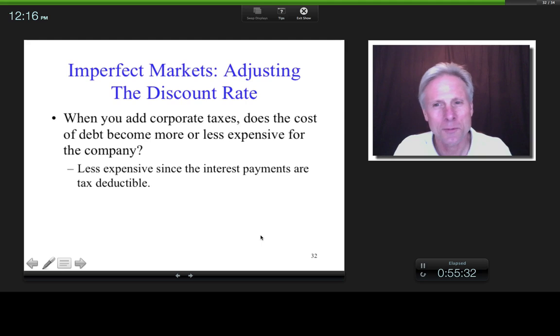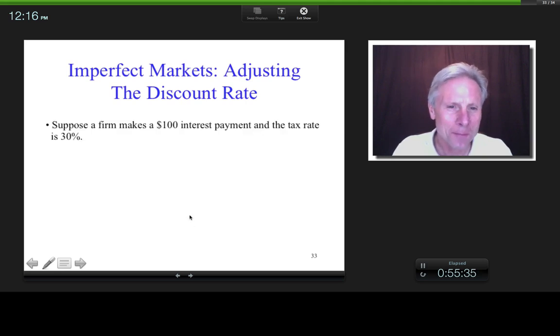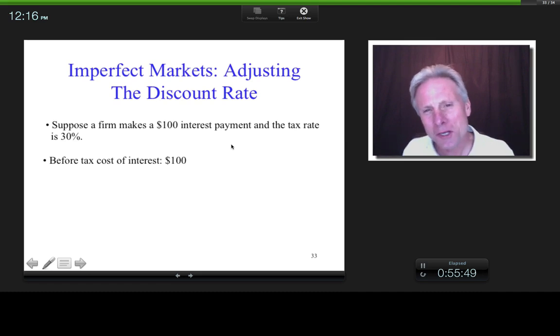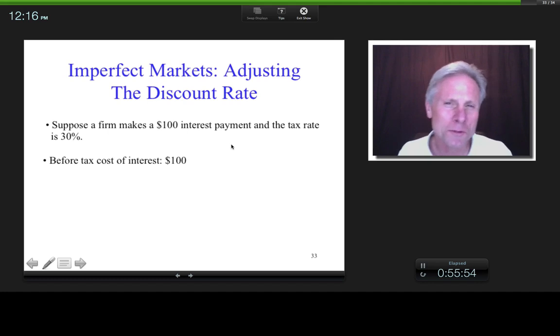So let me show you an example. Let's say a firm makes a $100 interest payment and the tax rate is 30%. So there's their interest payment. We haven't talked about any tax impacts yet, but because of that $100 interest payment, does that mean they'll pay more taxes or fewer taxes? Fewer taxes, right? How much less in taxes if the tax rate is 30%? $30, right?